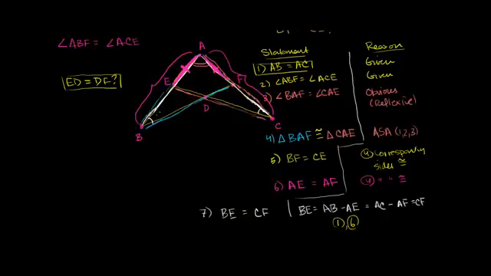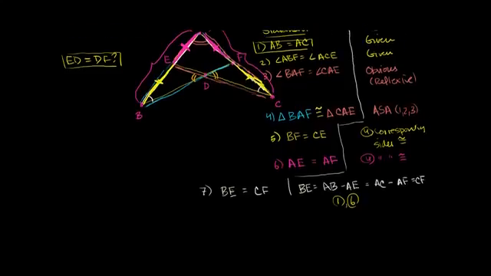So we just know that, look, this side is equal to that side, this little part is equal to that part. So if you subtract the big part minus the little part, this right over here is going to be equal to this right over here. That's all we're showing. So this yellow side is equal to this yellow side. Now, the other thing that we know, and this is straight out of vertical angles, is that angle EDB is going to be congruent to angle FDC.